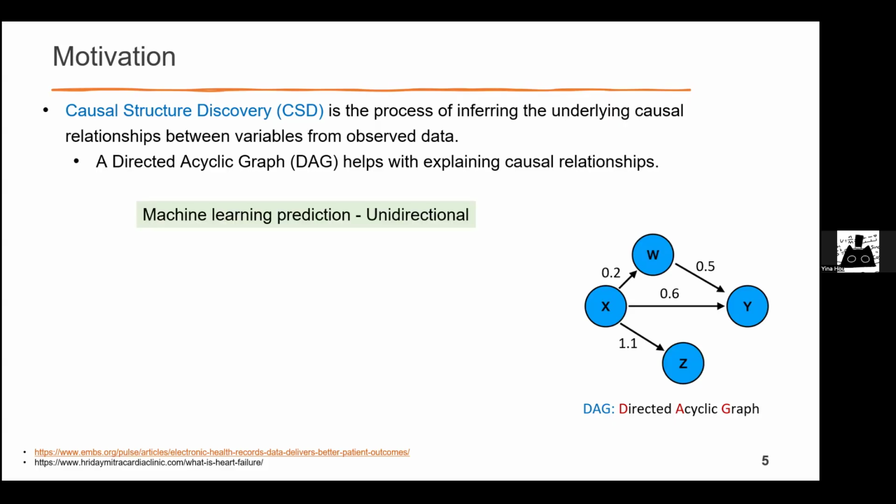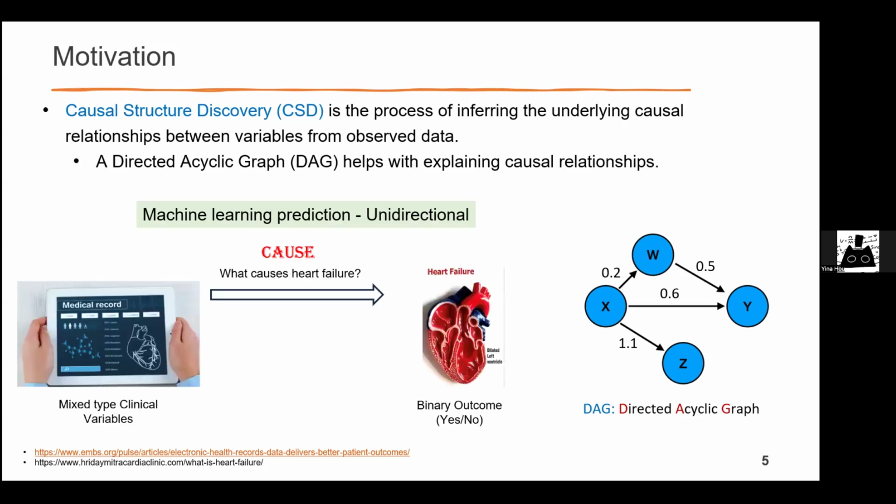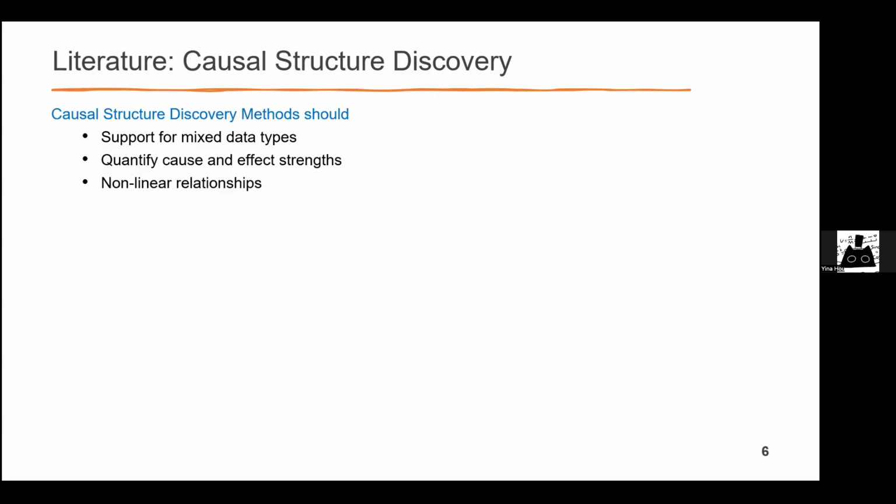If we fully rely on directionless machine learning prediction, it's hard to understand, within mixed type clinical variables, which of them really cause heart failure, or which of the variables are actually impacted by heart failure. So CSD models can help us to address these concerns, but as we mentioned before, tabular data has mixed data types.